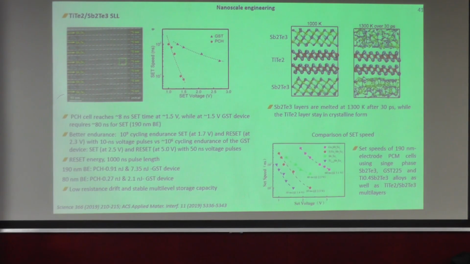They found that if you heat up the system to 1000 Kelvin, then the system starts to melt, but only the antimony telluride block melts, and these titanium tellurium 2 blocks stay crystalline. So it shows that these layers are more stable during the amorphization process, and they stay crystalline for the set, so they also act like a template for the crystallization.